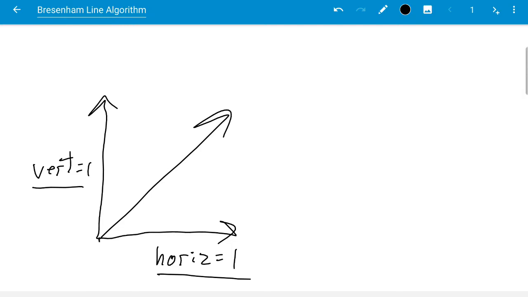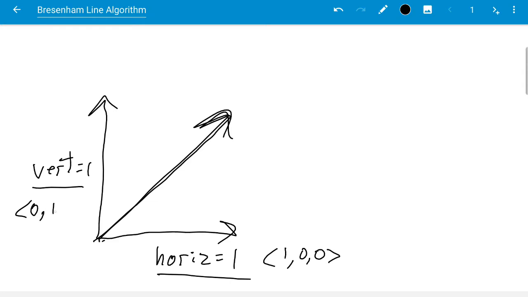If you take those cases as separate vectors and add them together, you end up with this diagonal line. And so if we write these as vectors, here's our horizontal vector, here's our vertical vector.